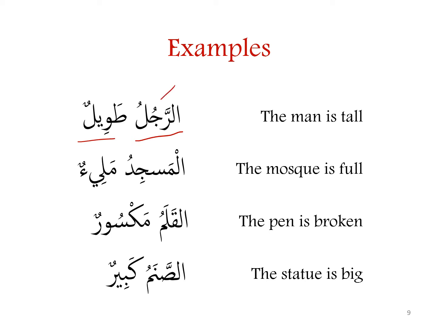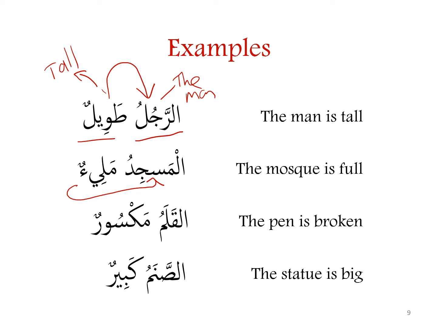Here, ar-rajulu means the man. Tawilun is tall. So this is the sifa, the adjective that describes this word here. Mali'un, which means full, is an adjective describing this word here, in this case, al-masjid, the mosque.